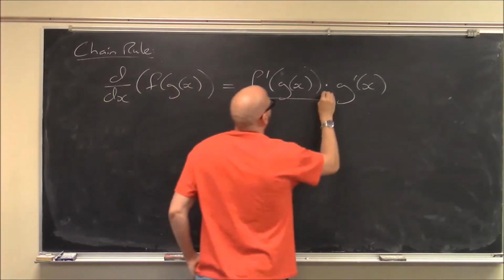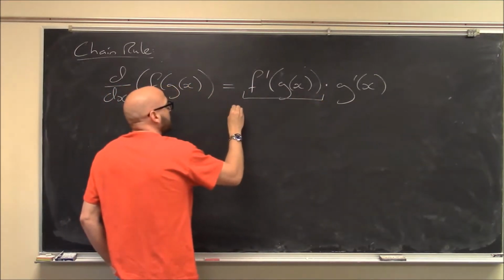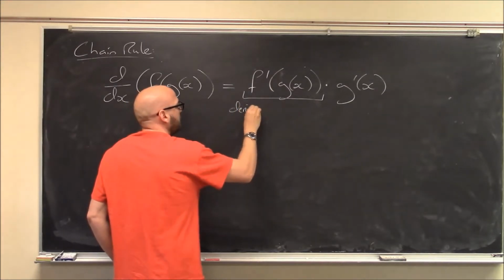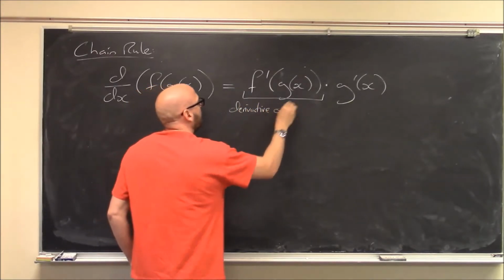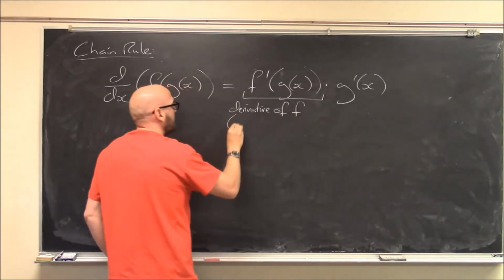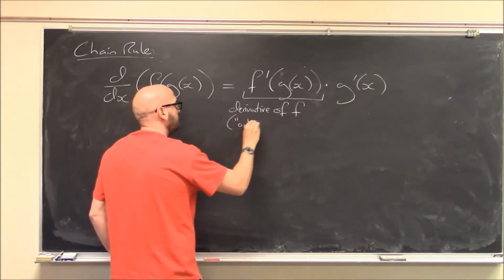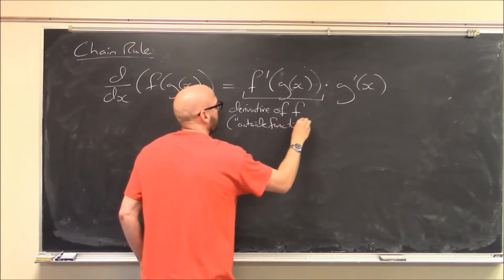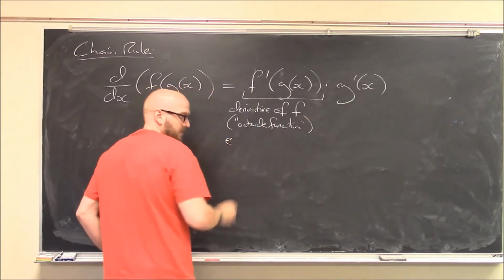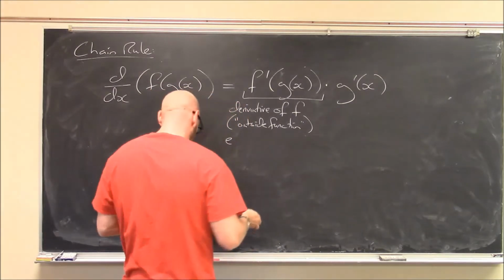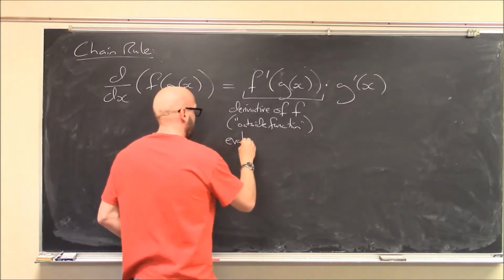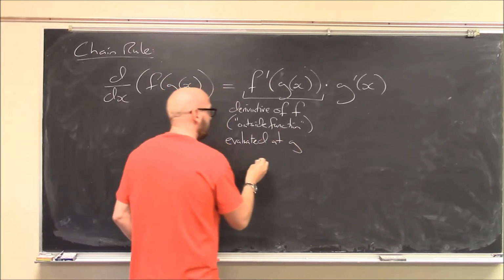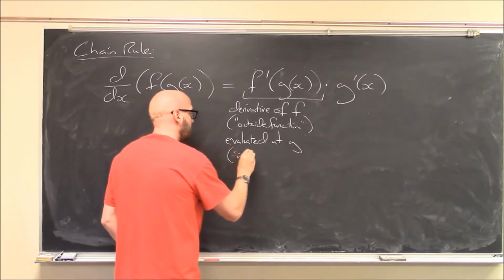Okay, so this is the derivative of f, which I like to think of as the outside function, composed with g or evaluated at g, which is the inside function.